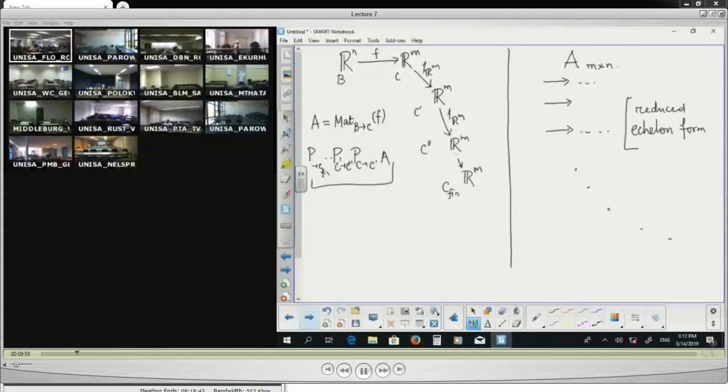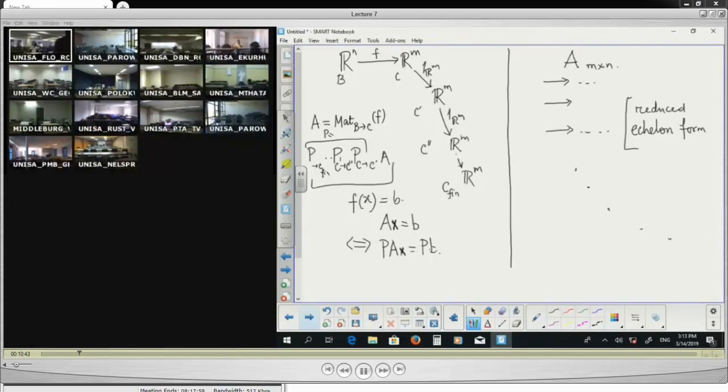So you can immediately see that if you wanted to solve Fx equals b, which actually means that you want to find a solution to this matrix equation, it is the same thing if I call the multiplication of these P's as capital P. So this is true if and only if this is true.